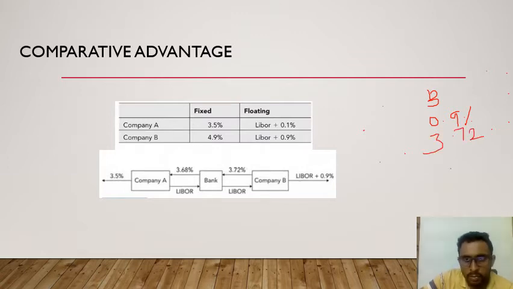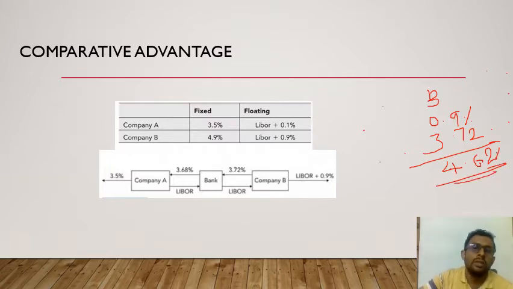So in total he will be paying 4.62%. Company B will only be paying a fixed 4.62%, but if he goes outside to get a loan, he will be paying 4.9%. So he is getting a profit of 0.28%.